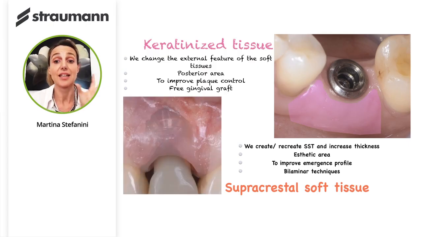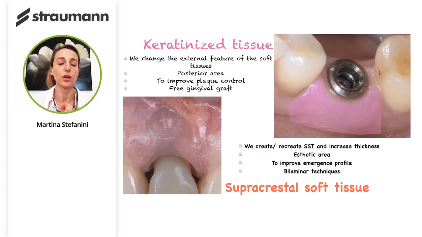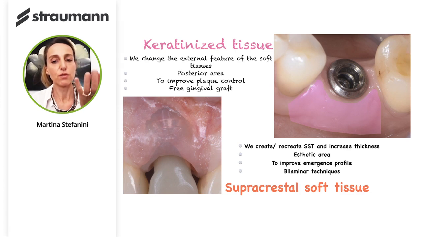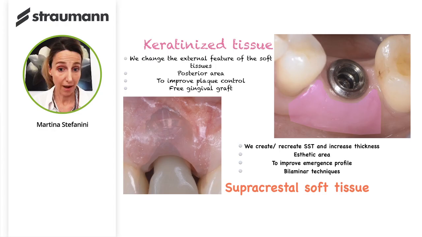And this technique is indicated in the aesthetic area and should be performed with the aim to improve the aesthetic for the patient and to improve the right emergence profile of the implant supported crown, and is always done with a coronally advanced flap with a connective tissue graft. Or in cases where you have only to increase the soft tissue thickness because you don't have a real apical coronal soft tissue dehiscence, you can also use, instead of a connective tissue graft, a collagen matrix.